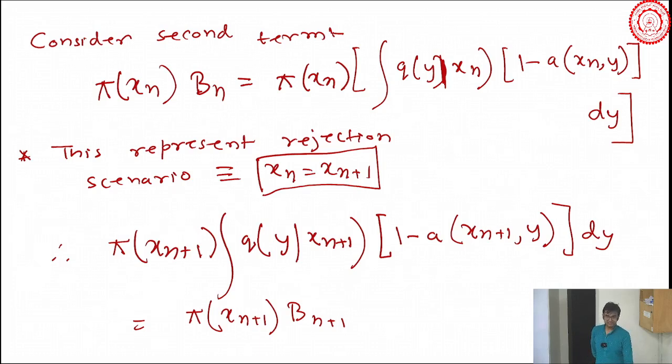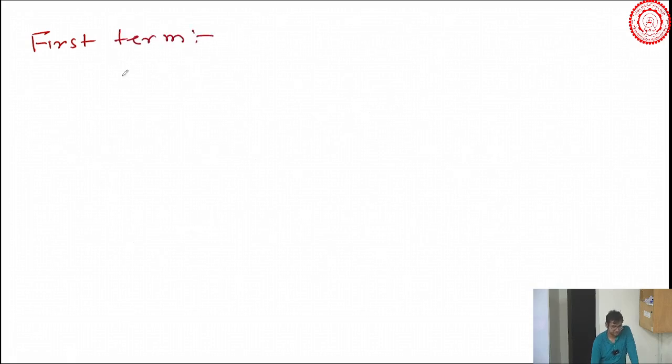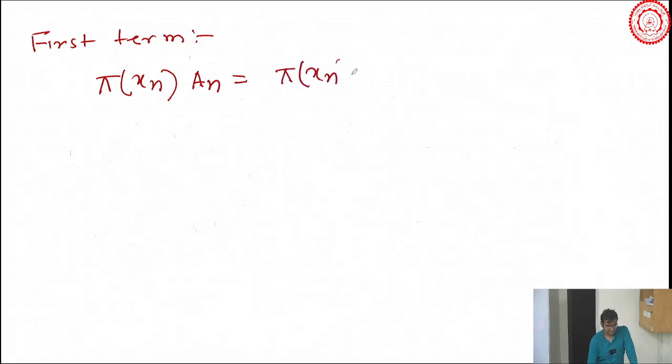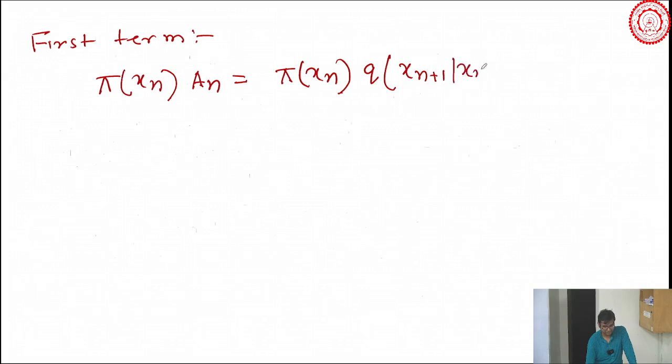Now let us look at the more difficult term, which seems easy. So focus on the first term. But this is more interesting, to be very honest. The first term is what? Pi of xn an, which is equal to pi of xn times an, which is equal to q of xn plus 1 given xn.